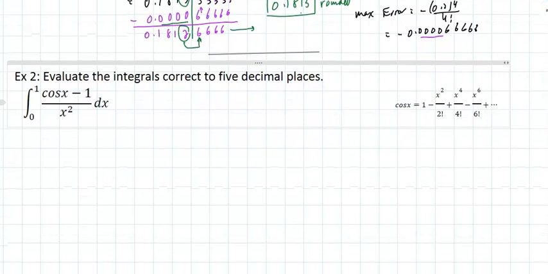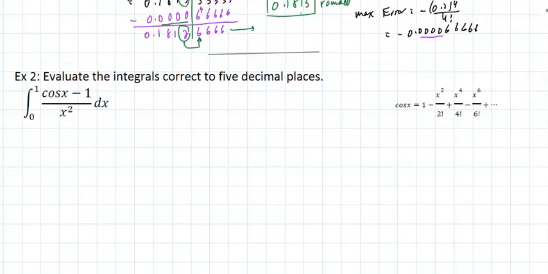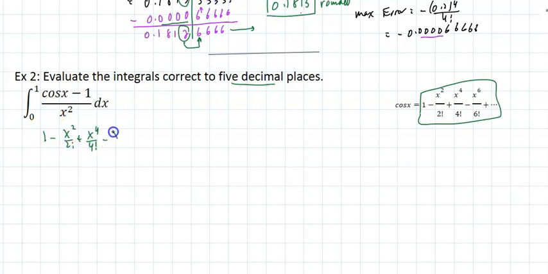If I look at example 2, evaluate the integral correct to 5 decimal places. Well, here we're kind of trying to figure out how that works. Well, the series for cosine of x is right there. So this is 1 minus x squared over 2 factorial plus, and I'm just copying what that says.